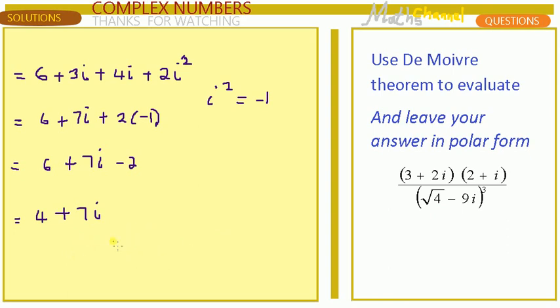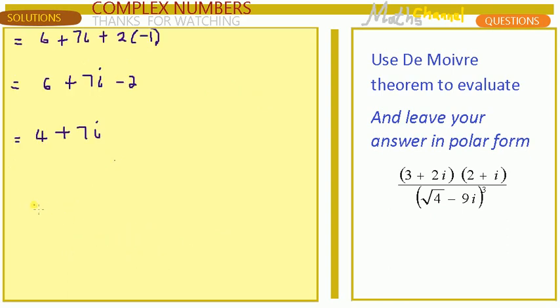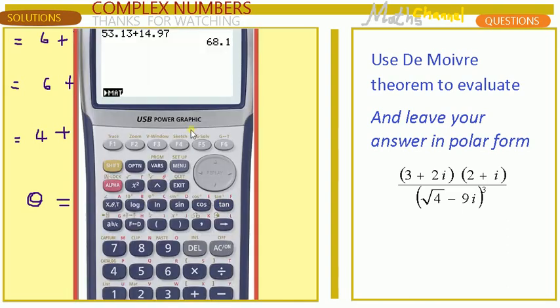So to change it to polar form, first of all, let's find the angle. So for the angle we use tan inverse of y over x, this one is the y and this one is the x, so we have 7/4. And then using the calculator, let me see.